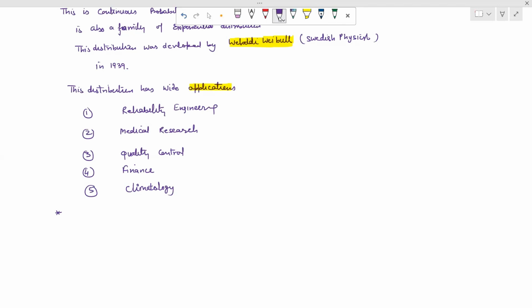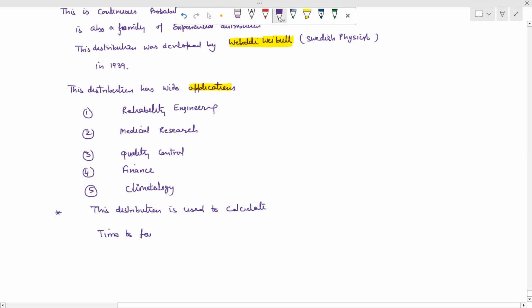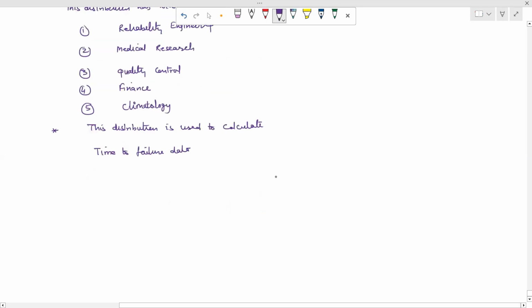Basically, this distribution is used to calculate time to failure data, such as the probability that a part fails after 1, 2, or more years.